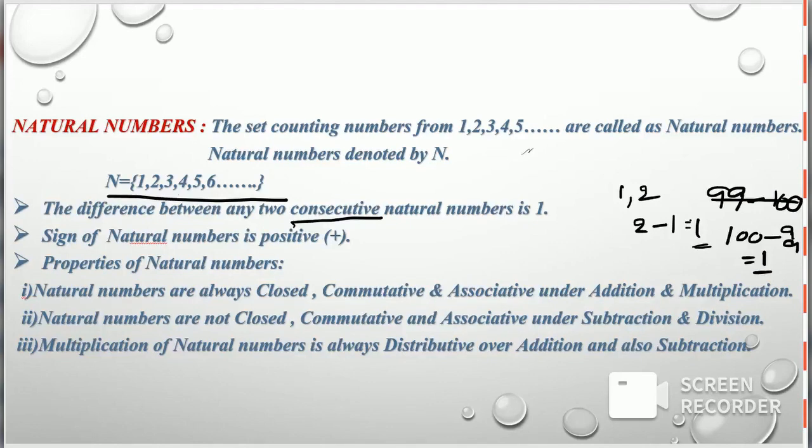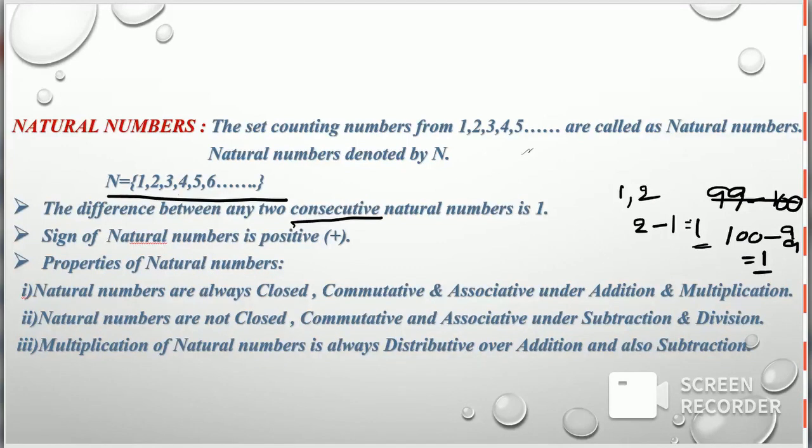The properties of natural numbers, some of which we already know, are the closure property, commutative property, associative property, distributive property, and some other properties also. For natural numbers, they are always closed, commutative and associative under addition and multiplication, and natural numbers are not closed, commutative and associative under subtraction and division.